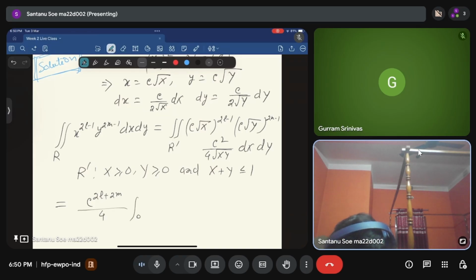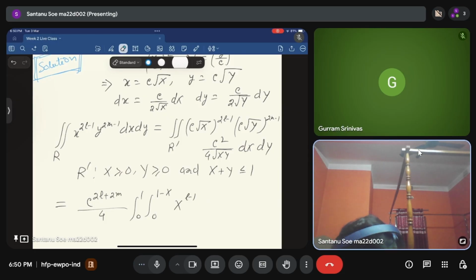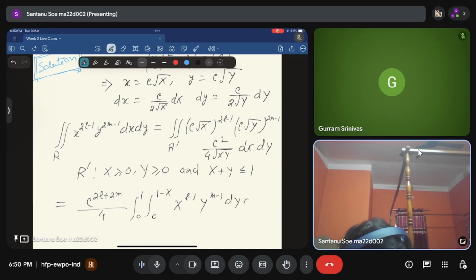This is integration from 0 to 1, 0 to 1 minus x, and this is gonna be x to the power l minus 1, y to the power m minus 1 dy dx.